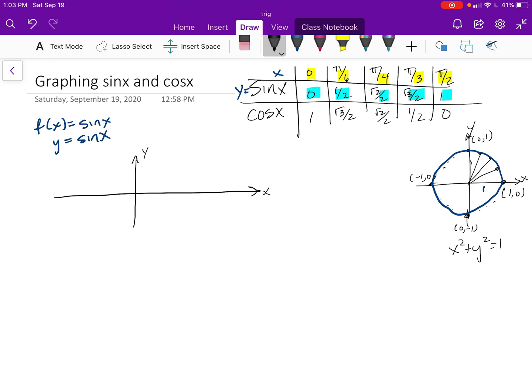Okay, so as we move left to right, we'll call this pi over 2 right here. I'm counting by pi over 2, right? So this is about a half a pi, this is about pi, we have negative pi over 2, and so forth. For the first graph, I actually want to look all the way to 2 pi, and we'll see why in just a second.